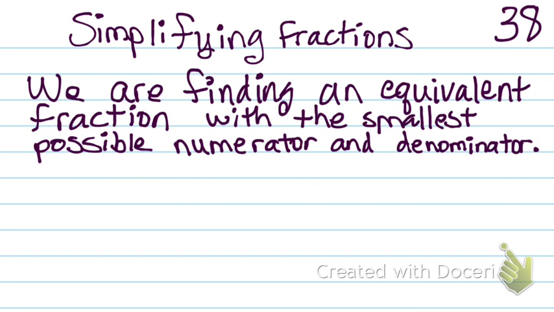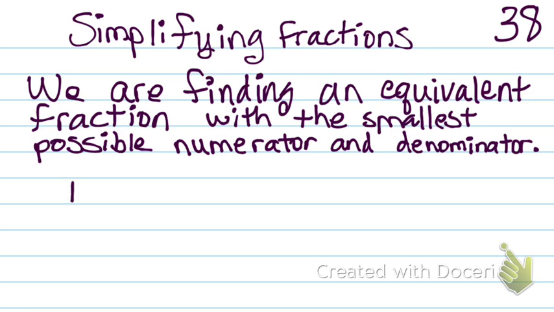We're taking a fraction that has a large number for its numerator or denominator, and we're looking for an equivalent fraction that has the smallest possible numerator and denominator. So we're finding the simplest form of that fraction. Let's look at an example.